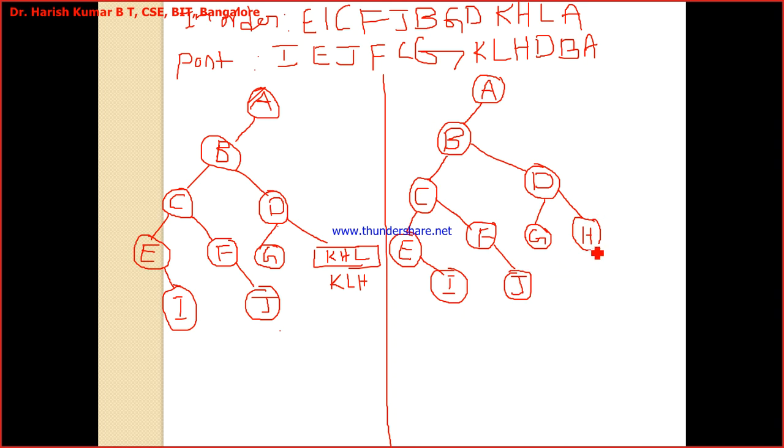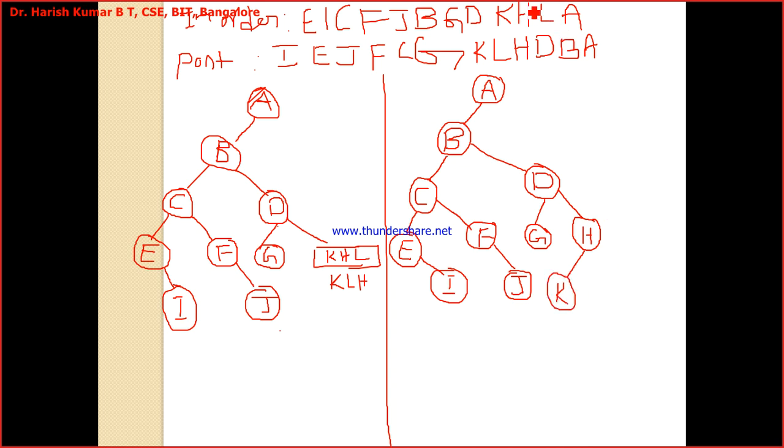Now to find the left child and the right child of H, I got to look into the Inorder traversal. H is here. Towards the left side of H, there is K, and K has not taken its position till now. That means K will take the position as the left child of H. People are following?